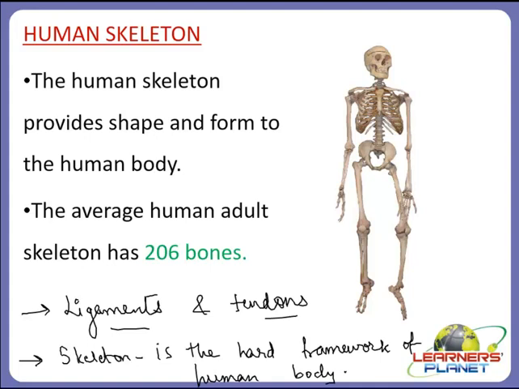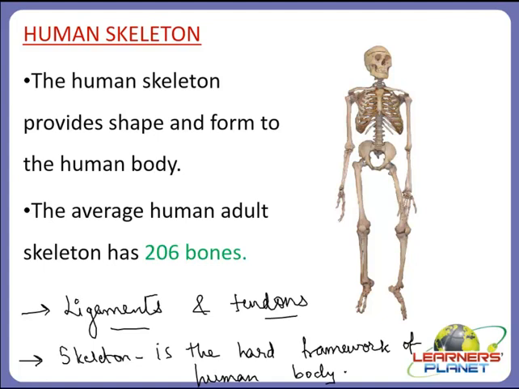So joints are very important because they allow different types of movements at different locations, and they also provide movement while we remain at the same place. So this is about the human skeleton.